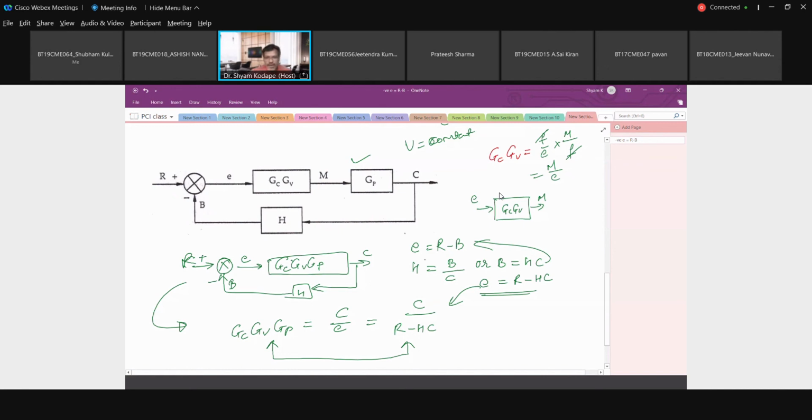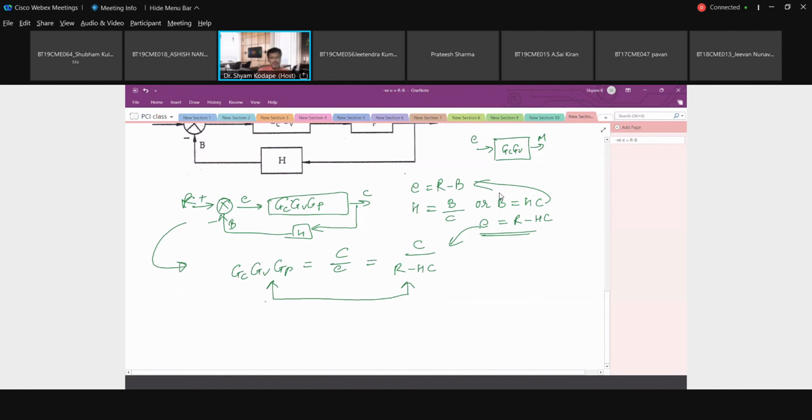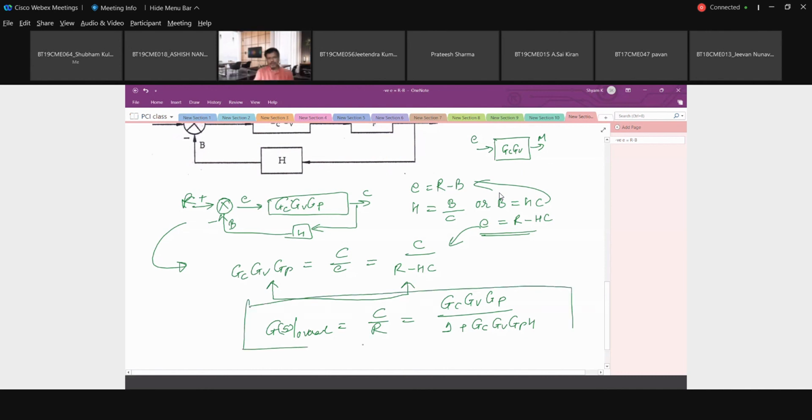So rearrange this expression, and you will come to know that G overall is equal to C by R, which is equal to GC, GV, GP by 1 plus GC, GV, GP H. Try it on your page right now.